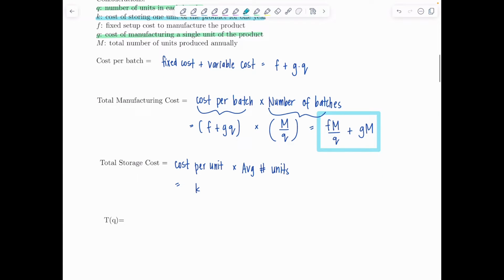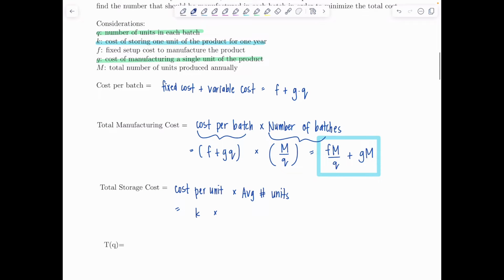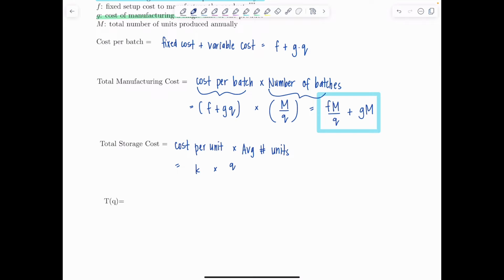And then the average number of units is going to be Q, the number of units in each batch, divided by 2, because that's going to be constant for the year. Okay? And this Q doesn't change per batch. Q is always the same per batch. So I can write this as K times Q divided by 2. So that's my storage cost.